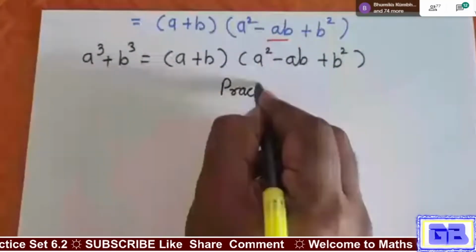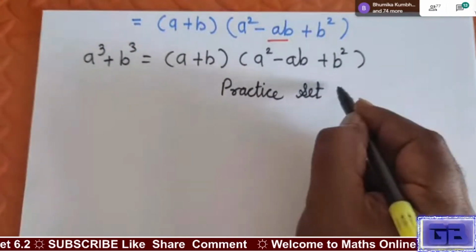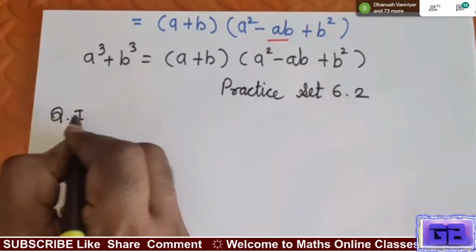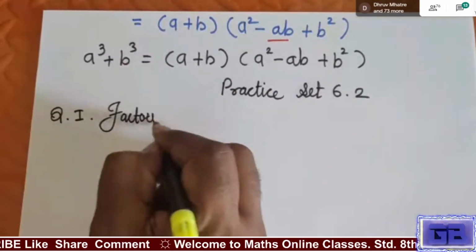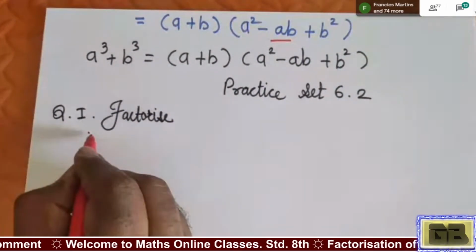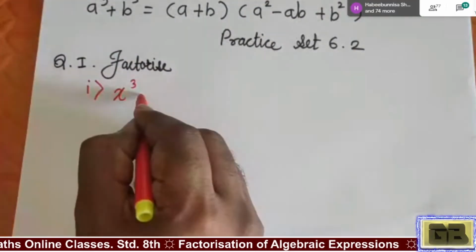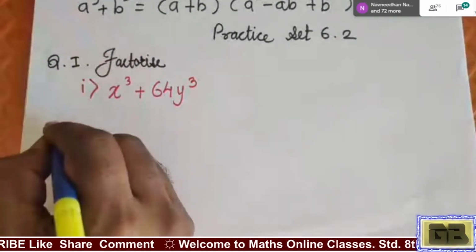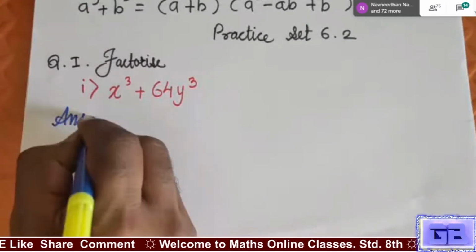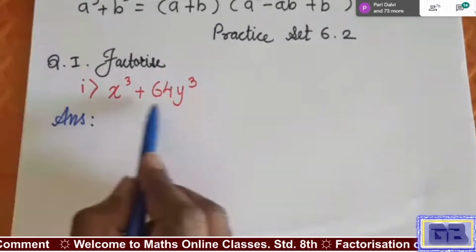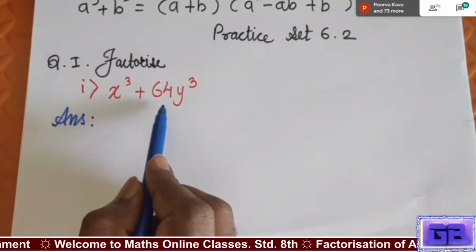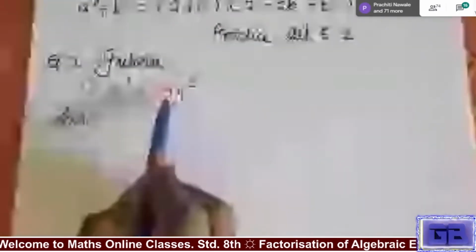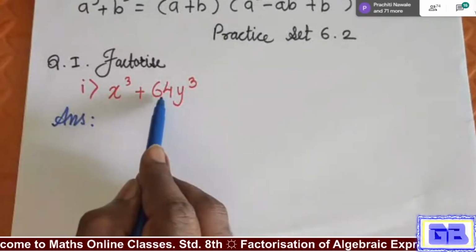Now write down practice set 6.2. Question number 1. Factorize. First sum: x cube plus 64y cube. Write down the answer. We have to arrange the question in such a way that we should get the cube root of 64.